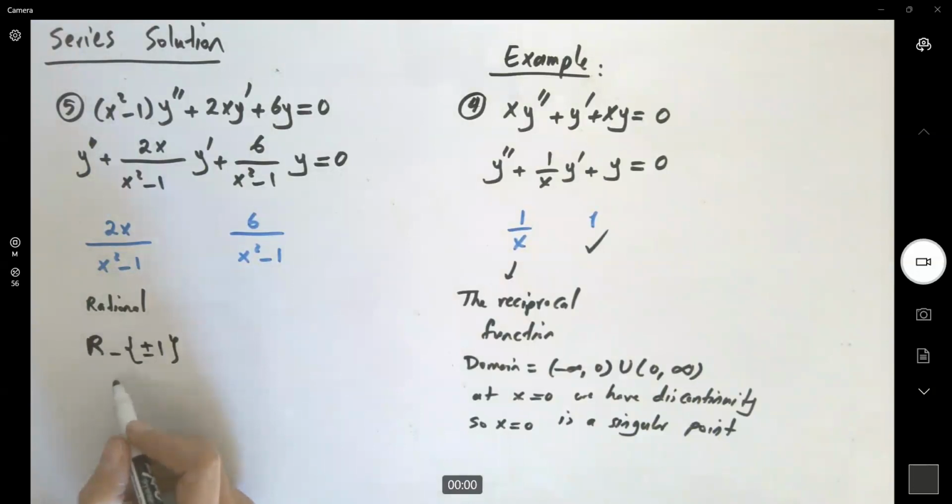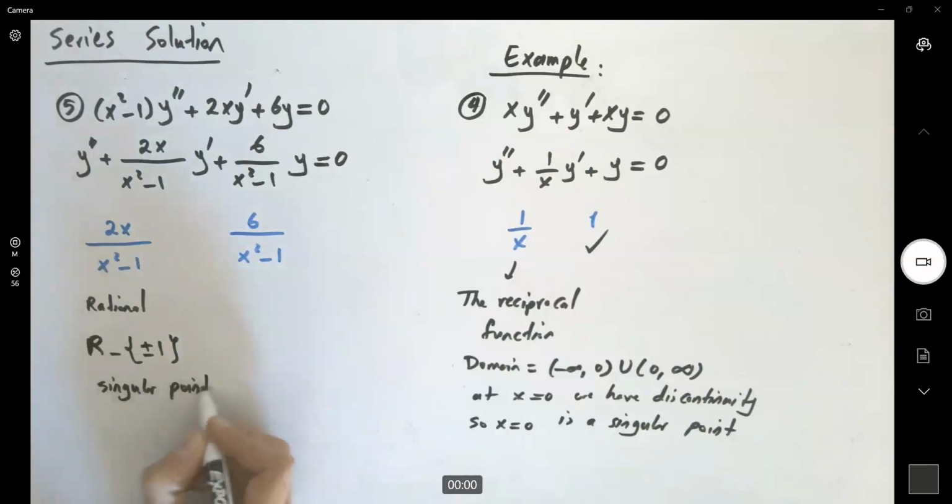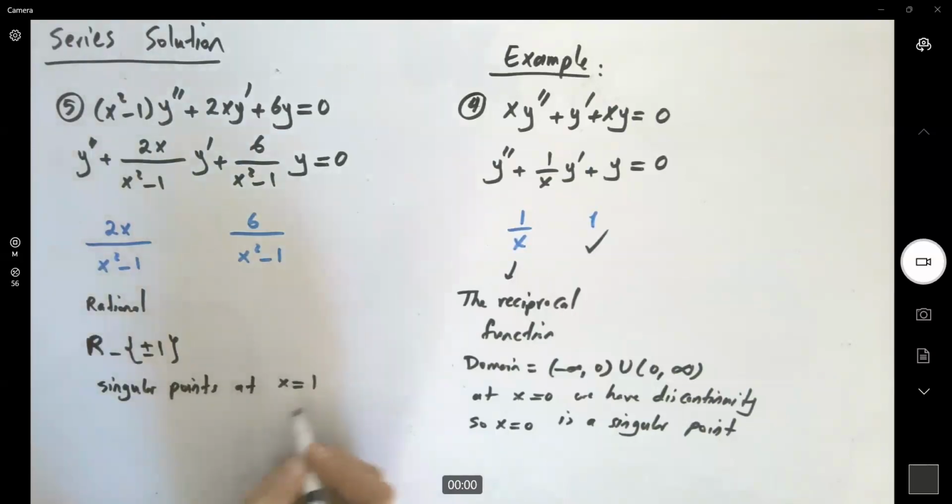Very well. So since we are excluding 1 and negative 1 from the domain, we have singular points at x equals 1 and x equals negative 1. This is the same for both of these two functions.